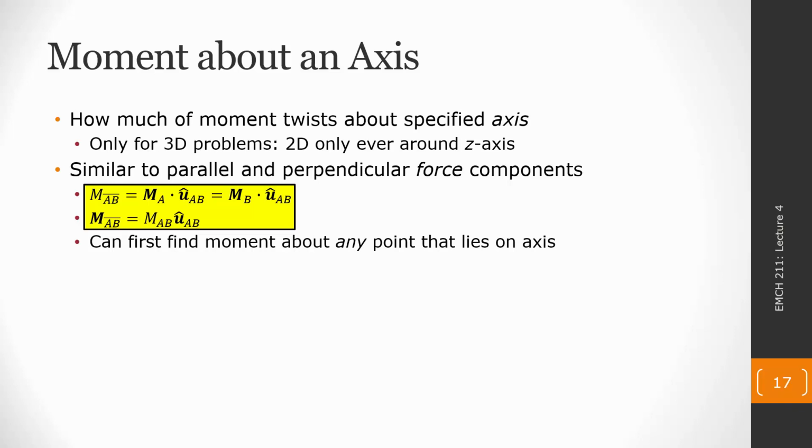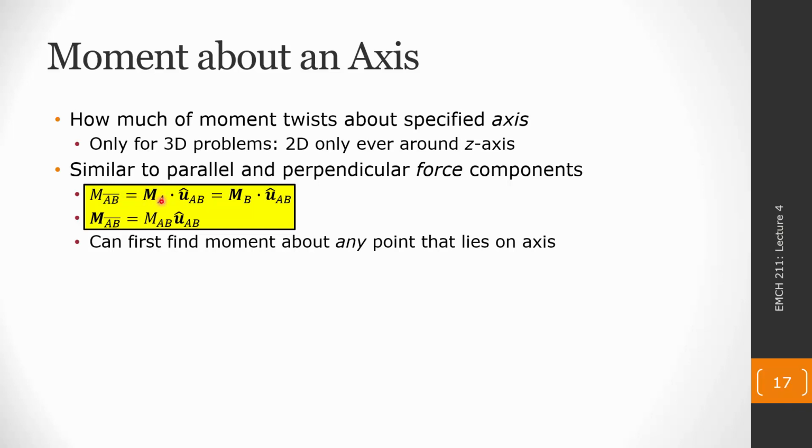So in this 2-step process of how to find the moment about an axis, we can use these equations. On the top line, if we want the moment around axis AB, first we would find the magnitude of the moment around that axis. And we can look at how the notation works here. So we want the moment around axis AB. Notice there's an overline to indicate AB as an axis. We're going to take the moment around any point on that axis.